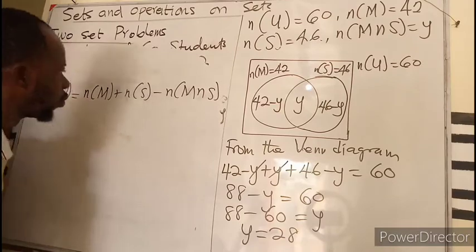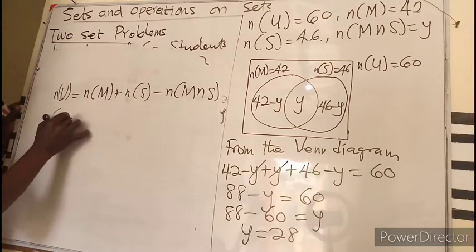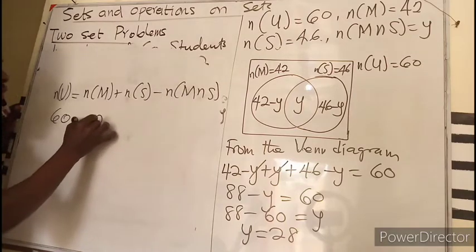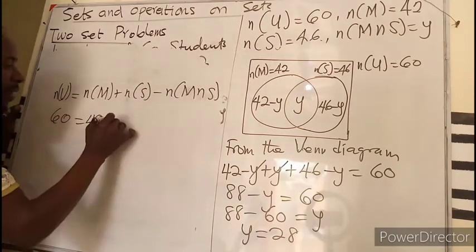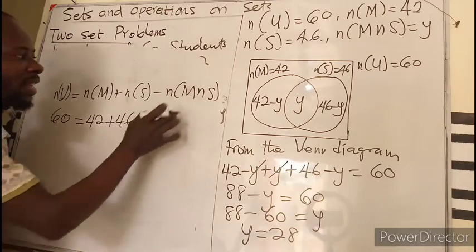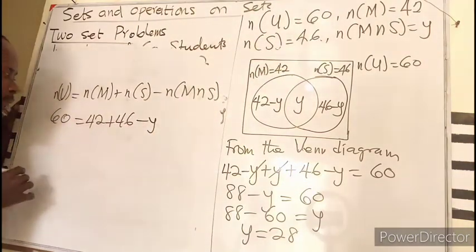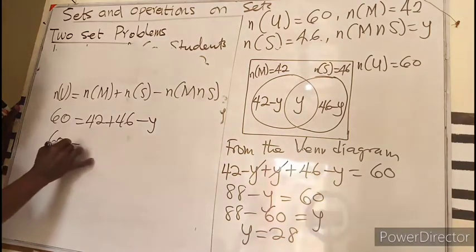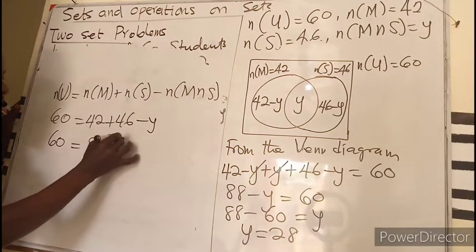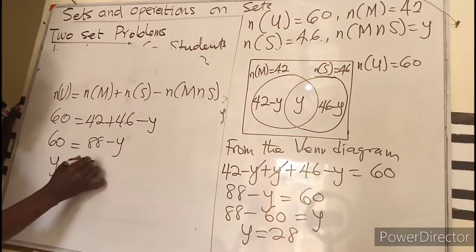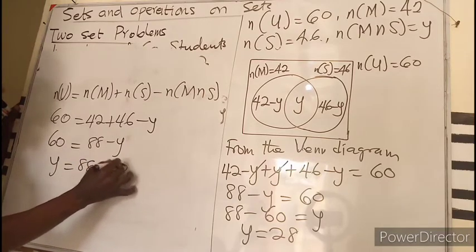So if that is true, 60 equals M. What is M? From the formula we have 42. What is S? 46. The intersection is Y, but minus Y. So I'll still have my 60 equals 88 minus Y. This crossing becomes positive Y, and this crossing becomes 60.